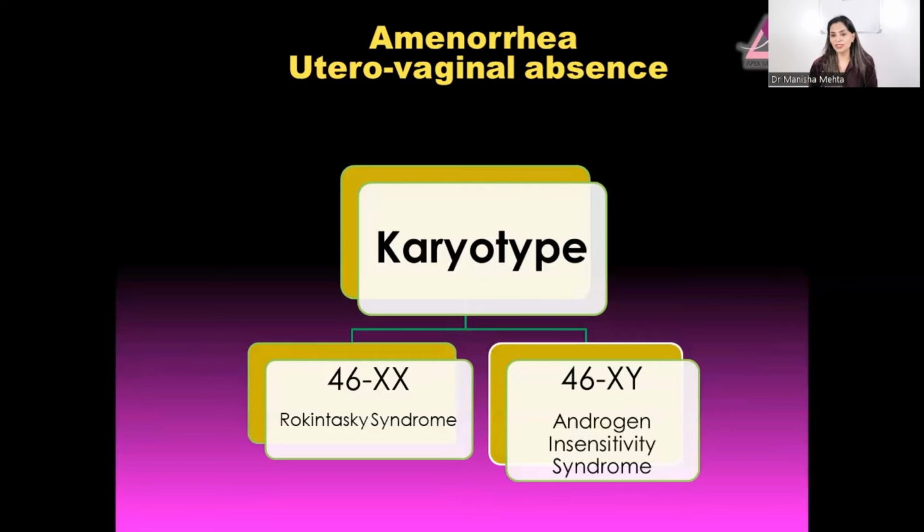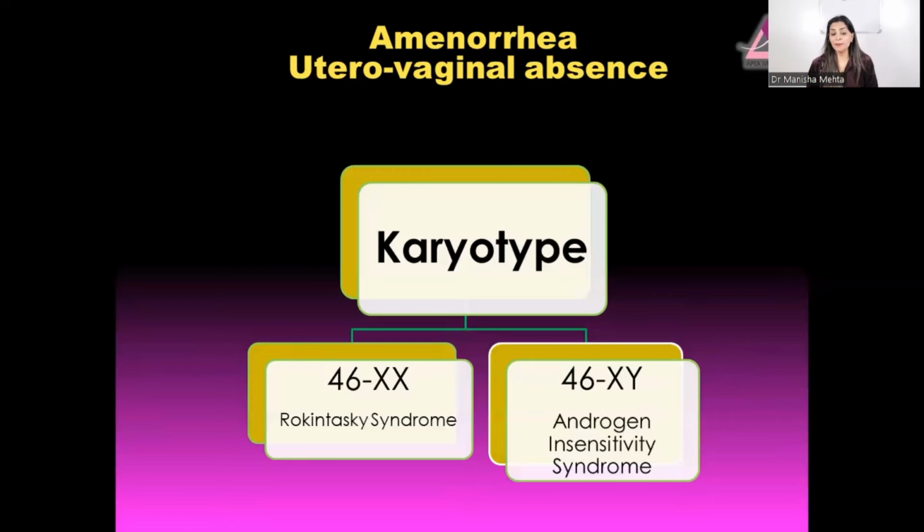And interestingly, the second one, the 46XY, can have a baby, because now, since this case has come to us and since the world knows this person as a female, I would like to address this person as a female only.